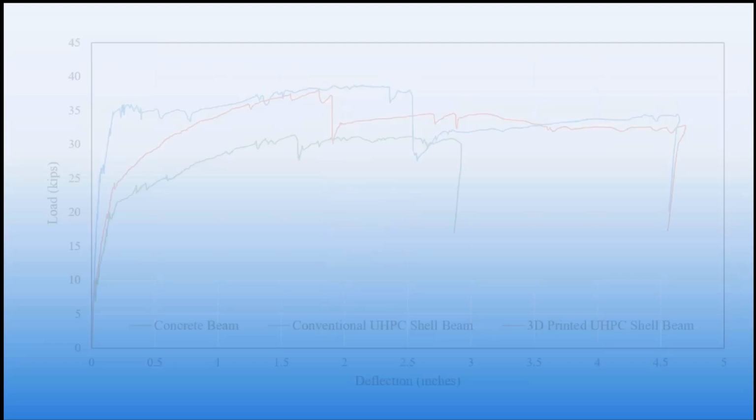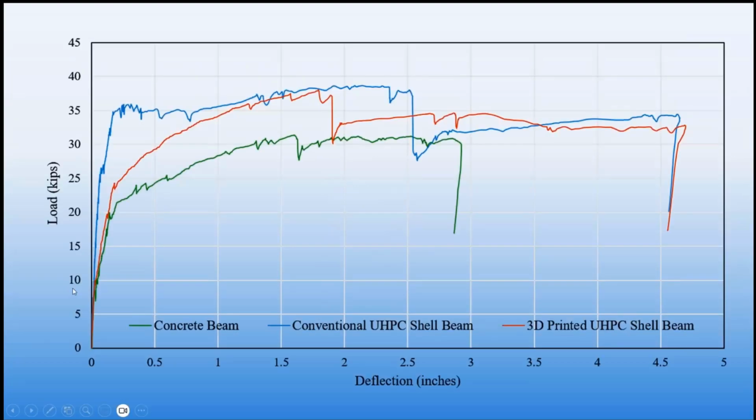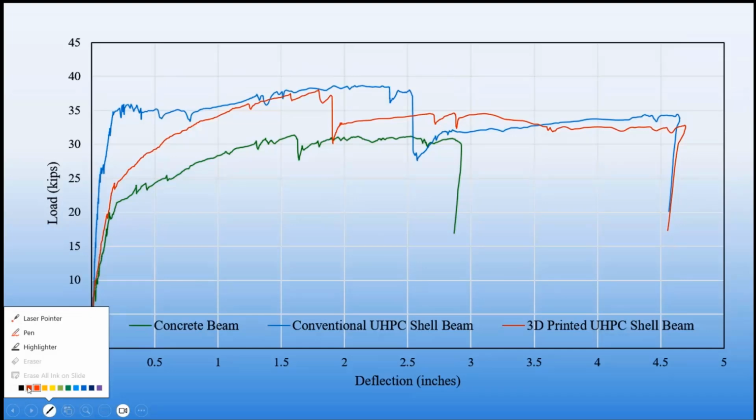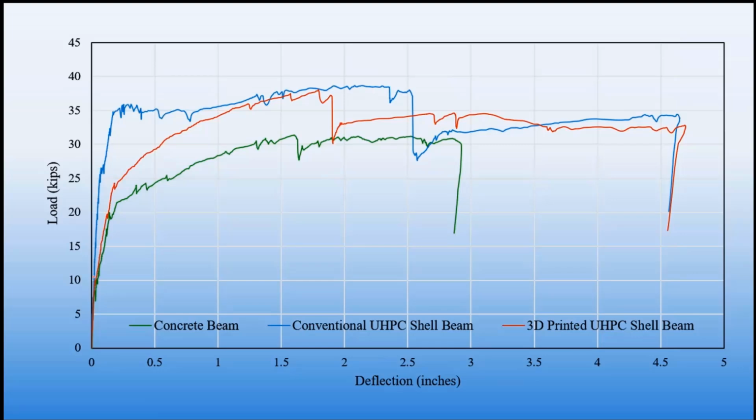And this is another view of it. Let me just get the pointer. So the concrete beam is this line right here. That one right there is the concrete beam that was tested, the load deflection curve.